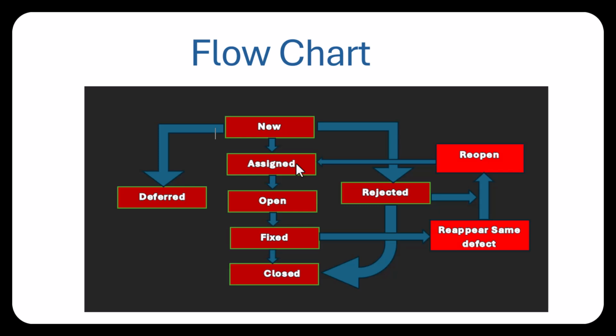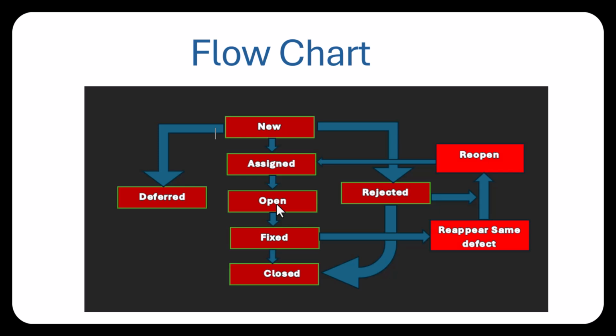If you have assigned it to a developer, then it will go to the development team person. What the development team person will do first, he or she, whoever the developer is, will open that particular defect and verify what is there in the defect.